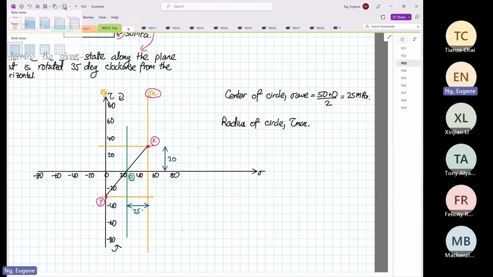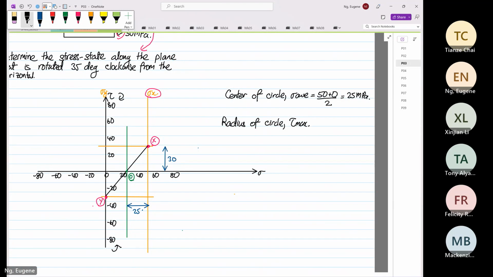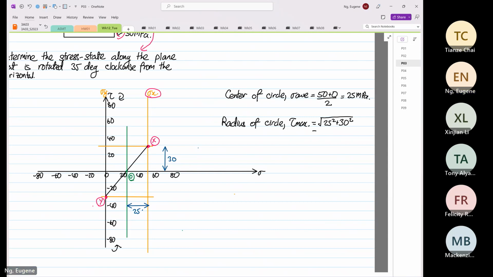So your tau max will be equal to the square root of 25 squared plus 30 squared. So it's equal to 39.051 megapascal.